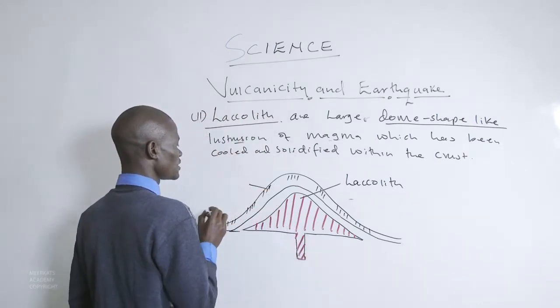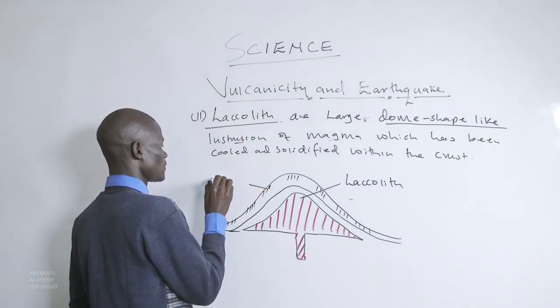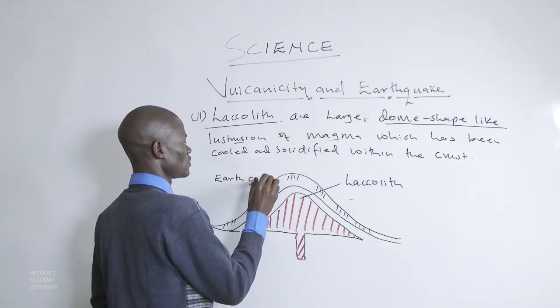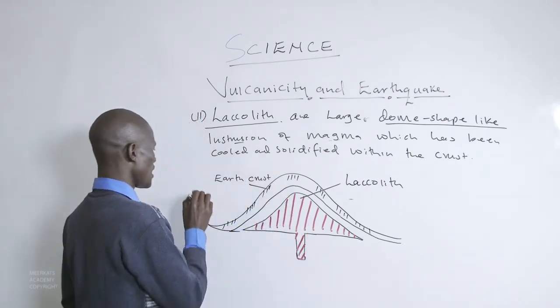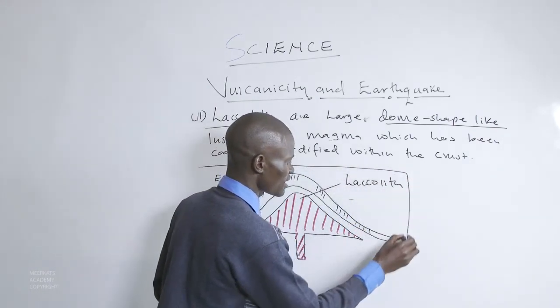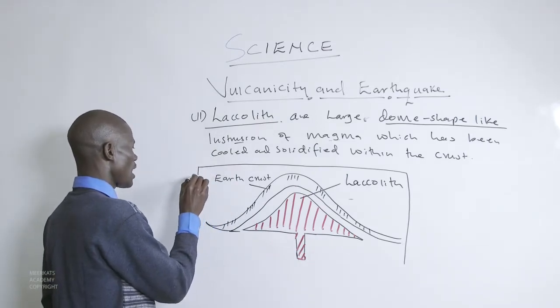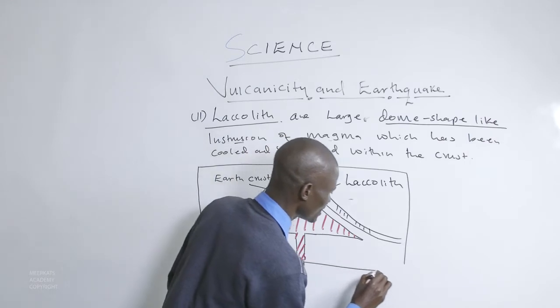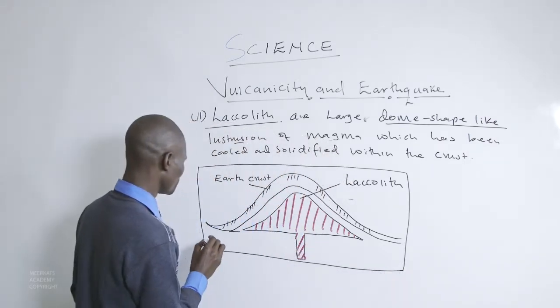And this is the earth crust. Therefore, this is a feature that can best describe how a Laccolith looks like and how it is formed.